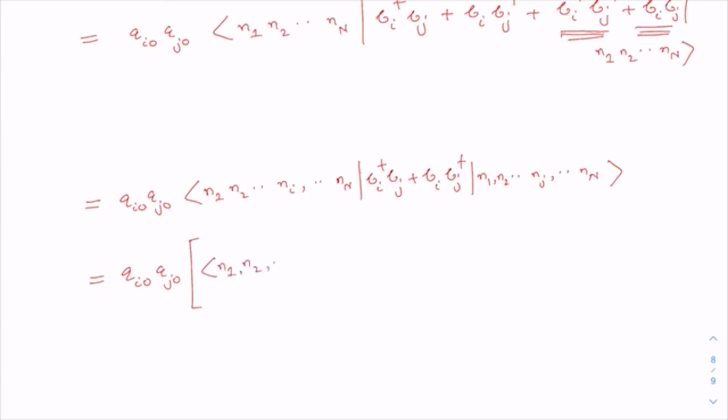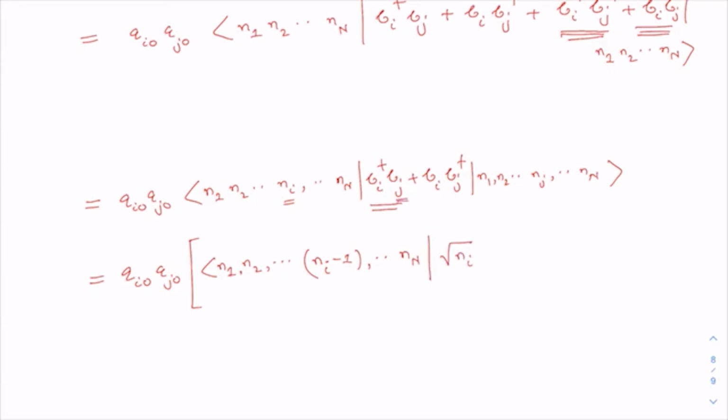Let me first consider this particular term, b_i dagger b_j. When b_i dagger operates, it operates on only the ith oscillator, so it would become n_i minus 1, up to n_N, and this will give you the square root of n_i.